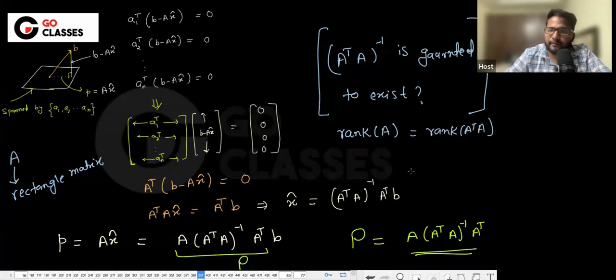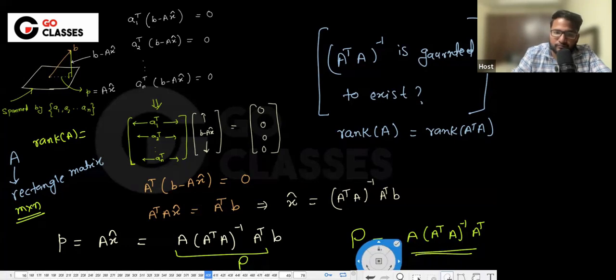Here also I have pasted that proof. You can read it out, but we have proved it. So if A is, let's suppose, an m by n matrix, then what is the rank of A, if these are the n vectors? Tell me.